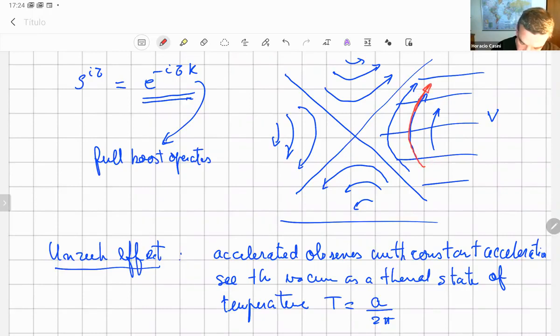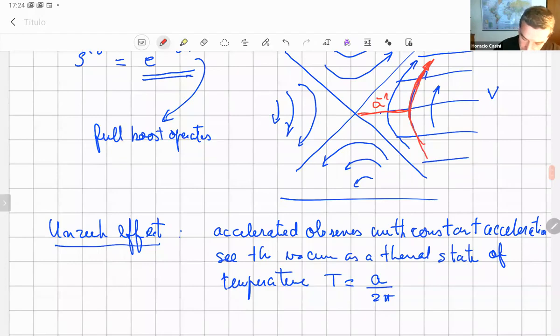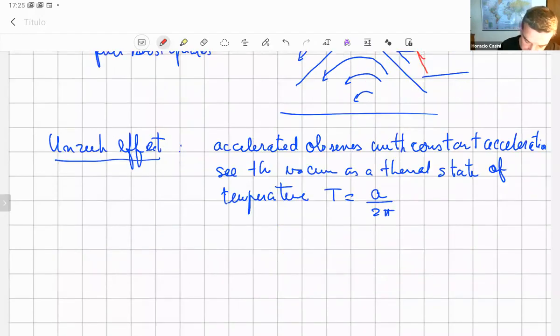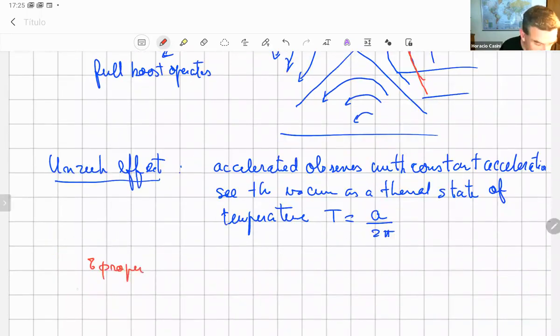In fact, it's easy to show that it will describe one of these orbits where this distance is a to the minus 1, a being the acceleration. And it follows that along this orbit, the proper time times the acceleration is equal to the parameter of the boost orbit.